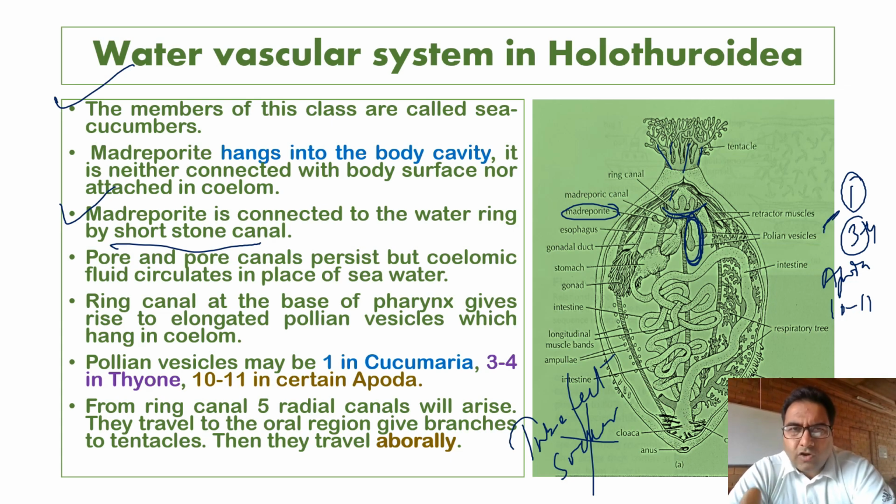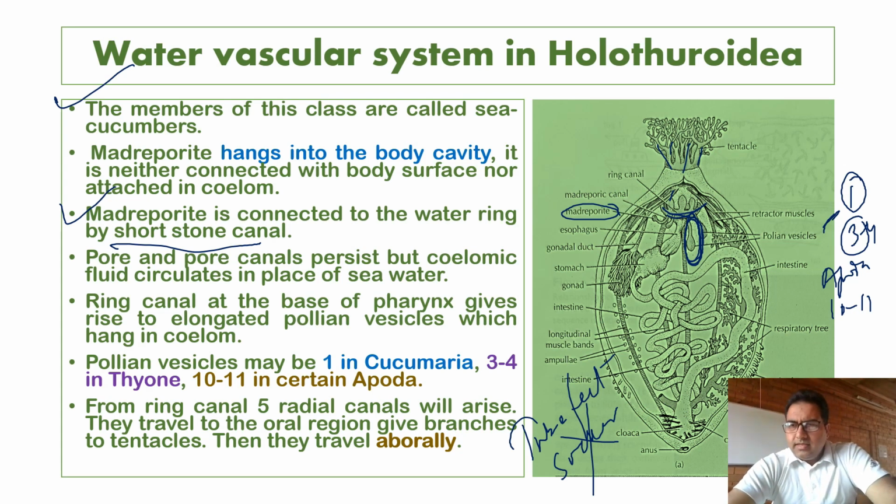The podia are not present, and here the water vascular system is confined to the oral water ring, that is the ring canal, the Polian vesicle, and the buccal tentacles.